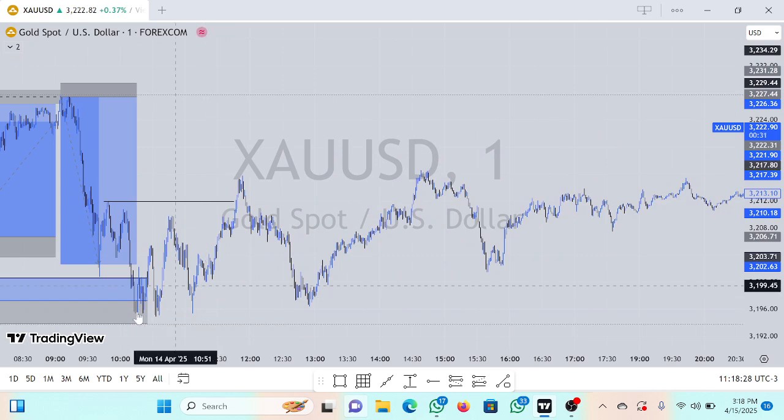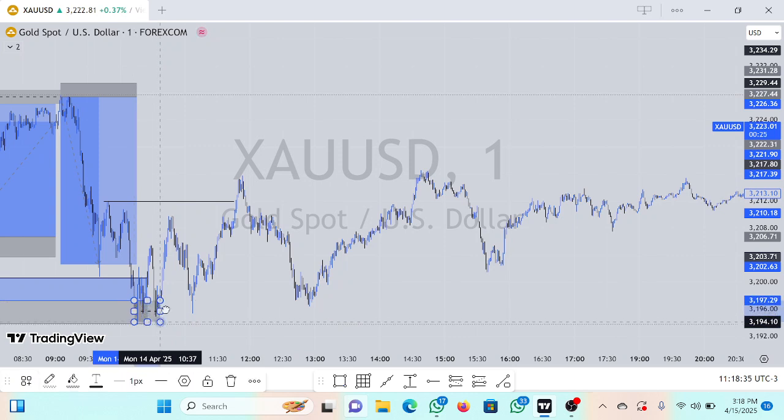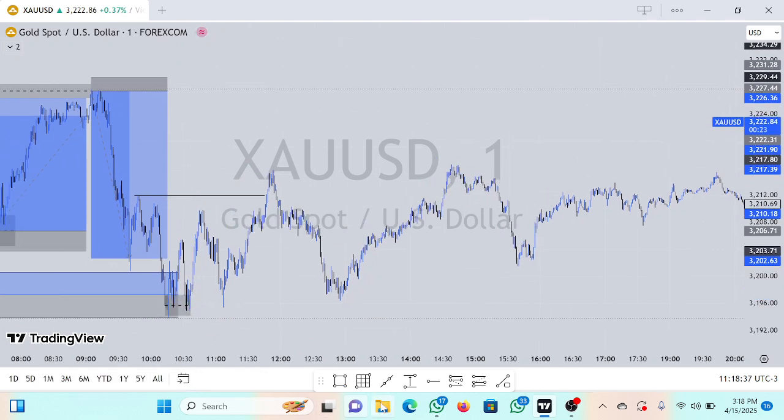This is our block, which you can see at this place right now, this zone mitigated here. Why did this zone mitigate here?